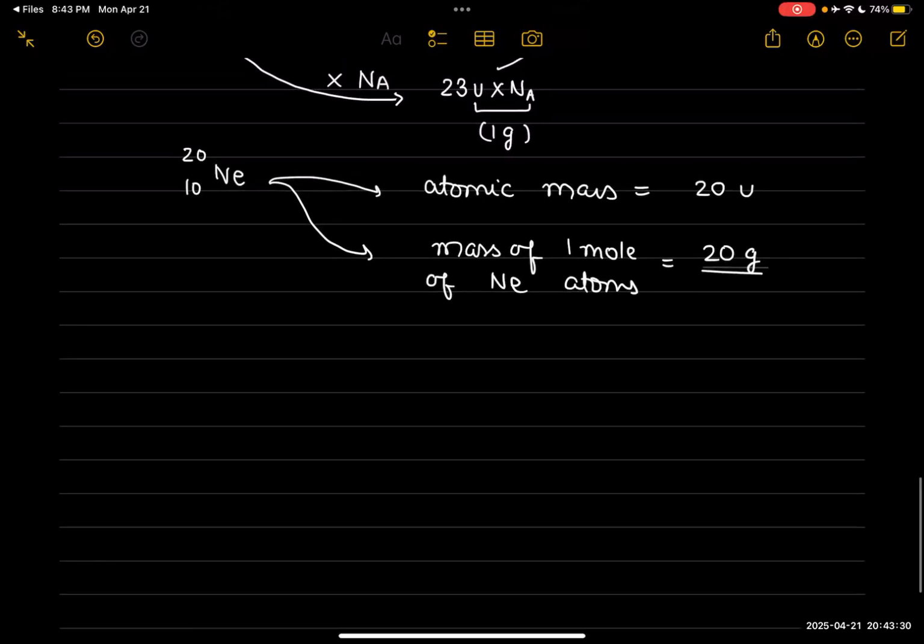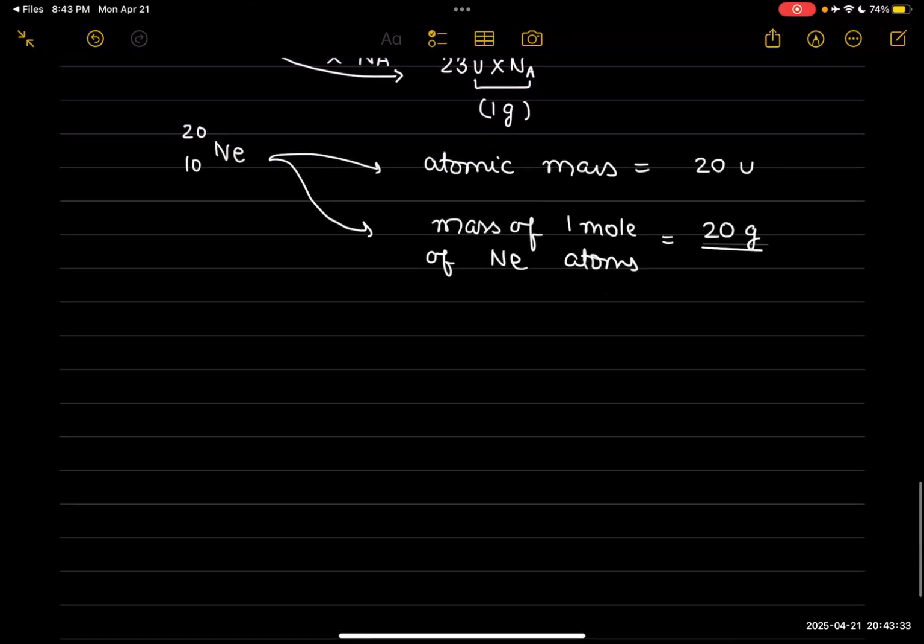Okay. So you know the mass of 1 mole of entity, so you can calculate the moles. Moles you can calculate from this.